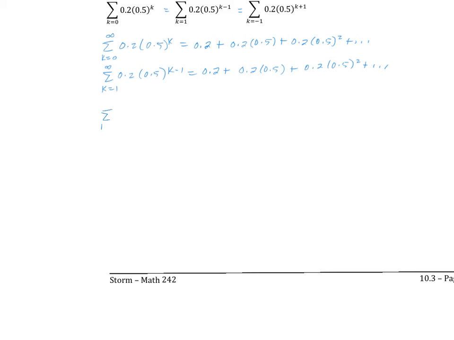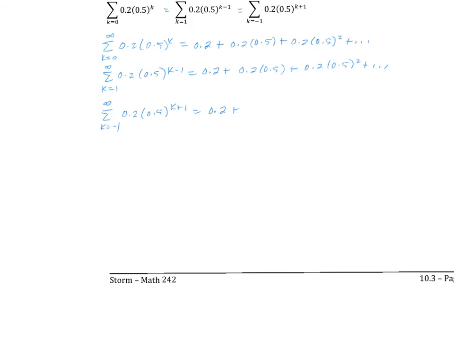Well, let's say we start at k equals negative 1, and we're going to infinity. Since we're subtracting 1 from the starting value, we add 1 to the expression to make up for it. When k is negative 1, k plus 1 is the 0 power, so we get 0.2.